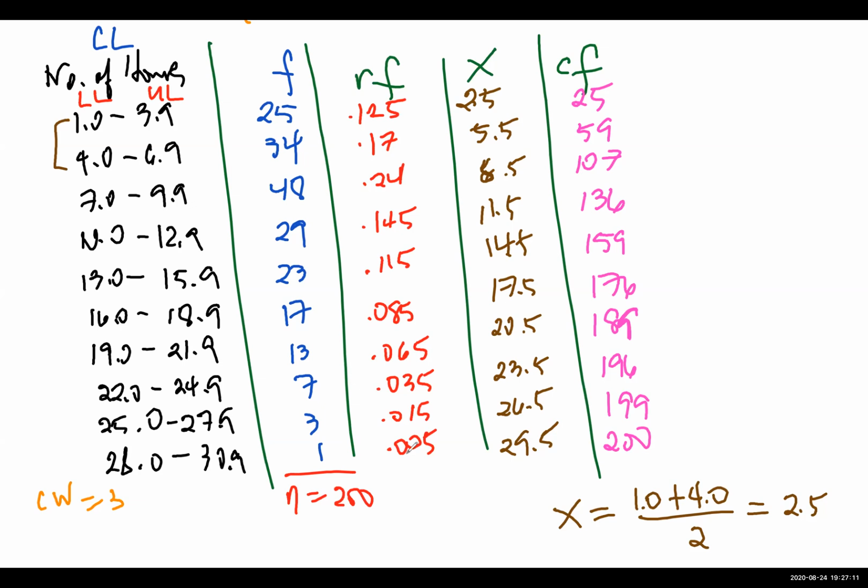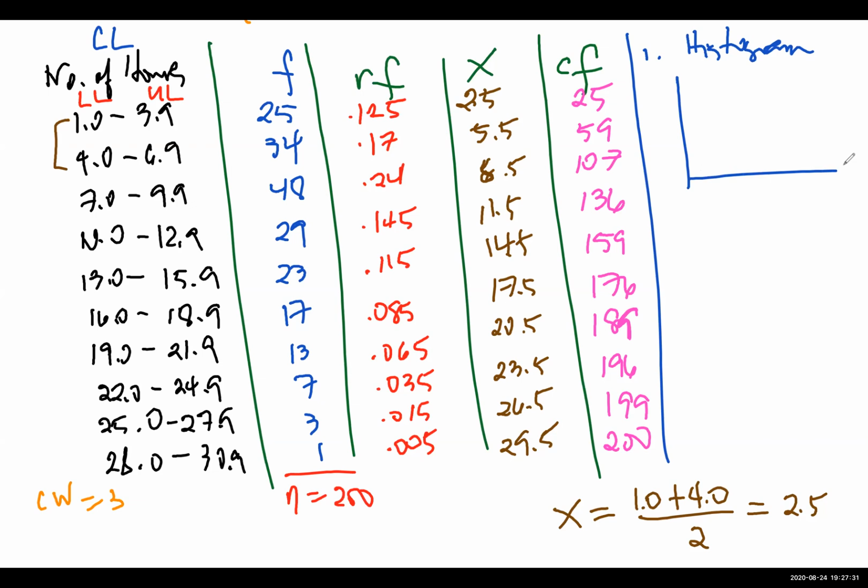The last one is just to remind how to graph using this data here. So the first one, histogram. What you need to remember is the X and Y axis. What's the X axis to use for histogram?